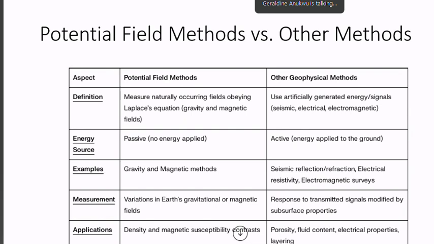Then density and magnetic susceptibility contrast. So how do we apply it? Anything that has to do with density is for gravity and magnetic susceptibility contrast is for magnetic. Other geophysical methods can be used for porosity, fluid contact, electrical properties, layering, and so on and so forth. So basically what I would like us to take out from here is that all potential field methods are naturally occurring, and they also obey the Laplace's equation. Class, I hope I am clear.